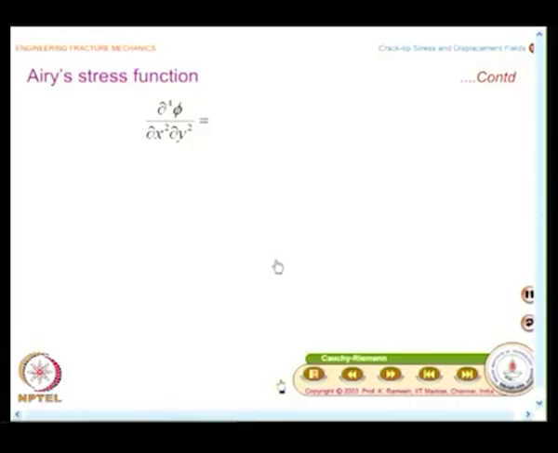I can start from anywhere, I can start from x or I can start from y. It is easier because we have seen that when you are differentiating with respect to y, you have to be careful. So, I would directly start with ∂²φ/∂y², then differentiate it with respect to x once, and again with respect to x, that makes my life simpler.